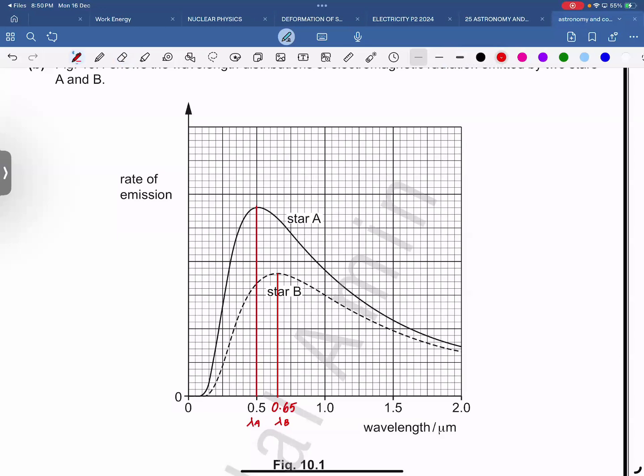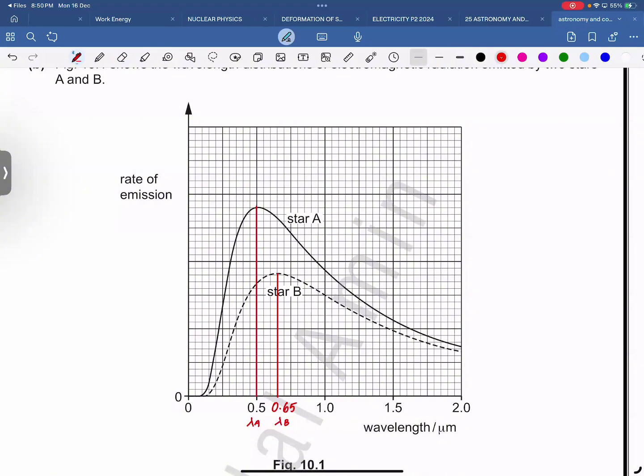Then one with the star with known temperature and one with the star with unknown temperature. And then apply Wien's displacement law.